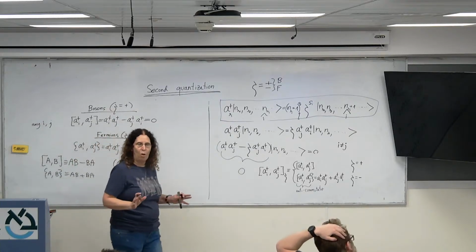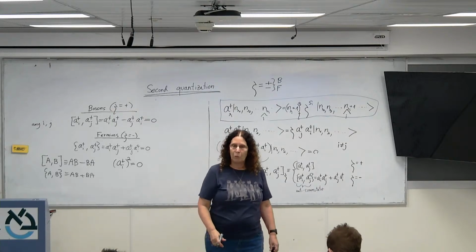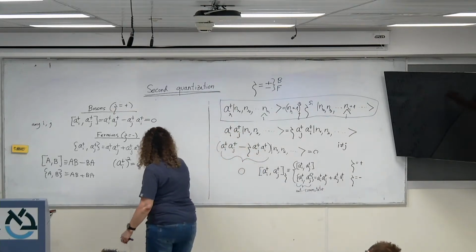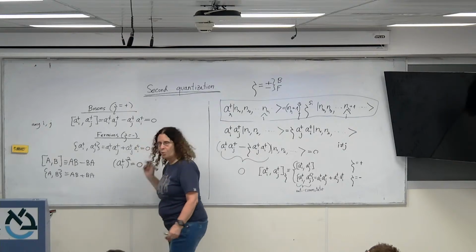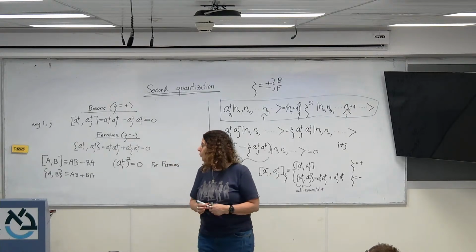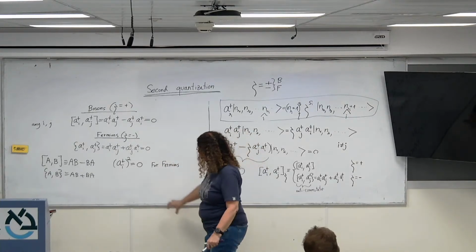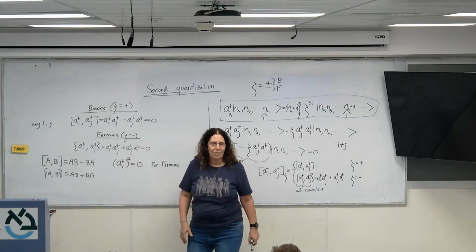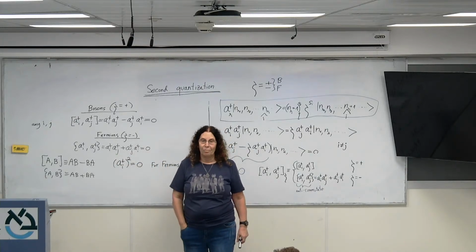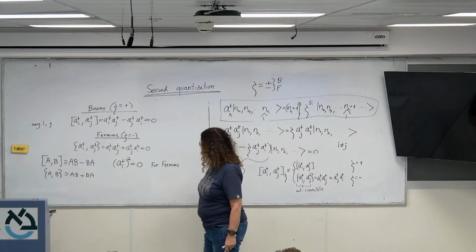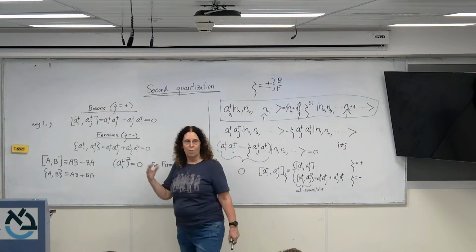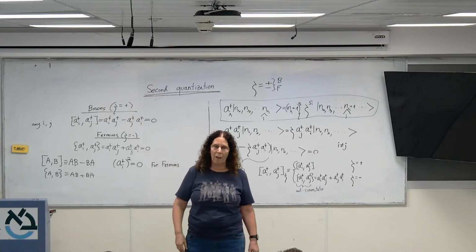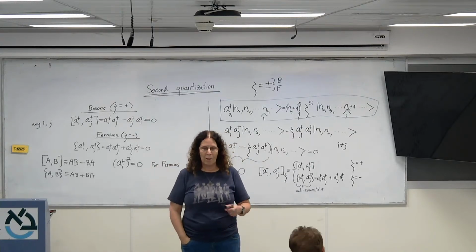Once again, it's the zero operator for fermions. For bosons, of course, you can apply it as many times as you want. For fermions, this is the zero operator, okay? And for that reason, this anti-commutator being 0 is also trivially correct when i equals j. It's 0 equals 0, okay?